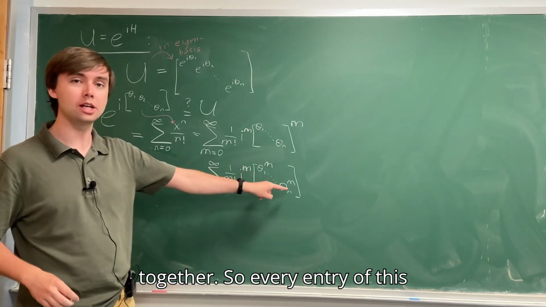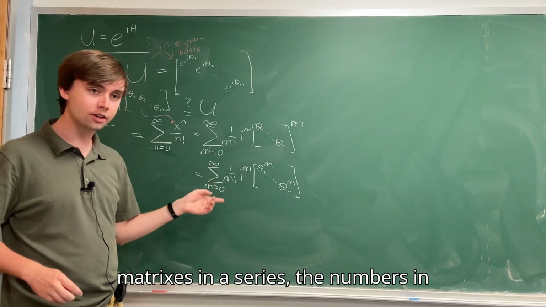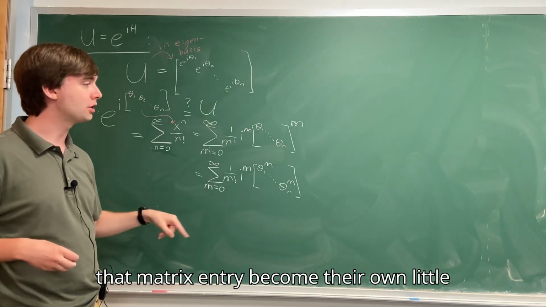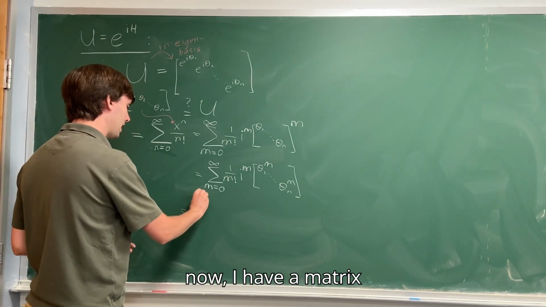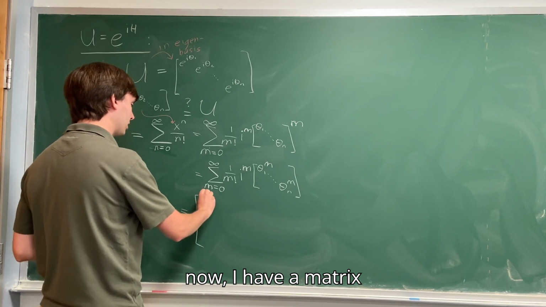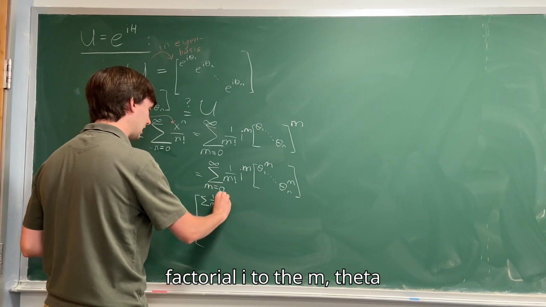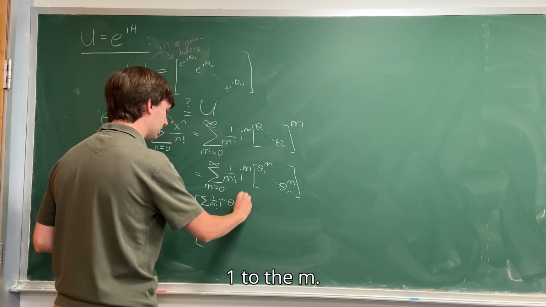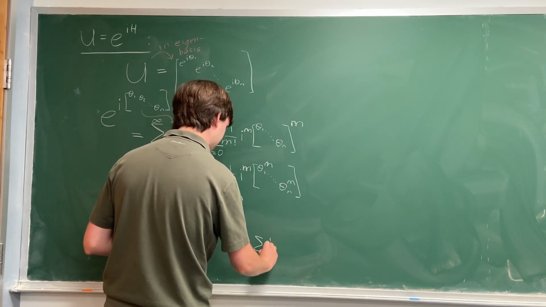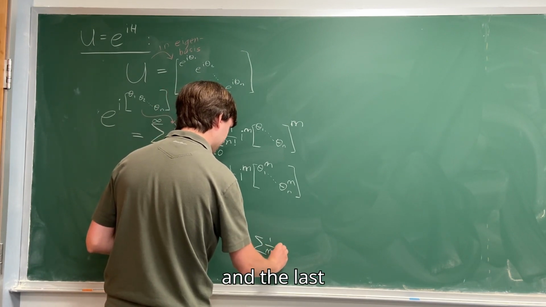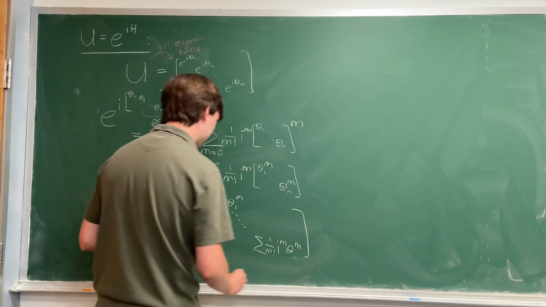So every entry of this matrix, as we are adding all the matrices in a series, the numbers in that matrix entry become their own little infinite series. So now I have a matrix where every entry is 1 over m factorial i to the m, theta 1 to the m, down to the same thing going on in the last entry.